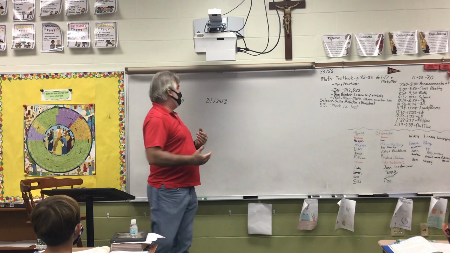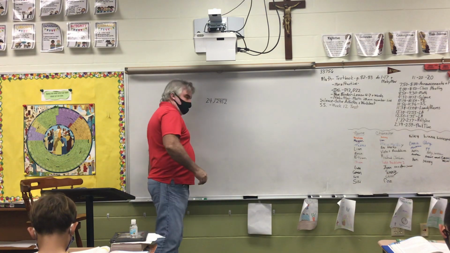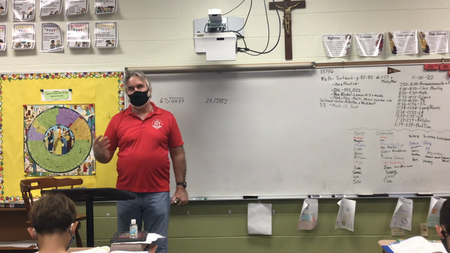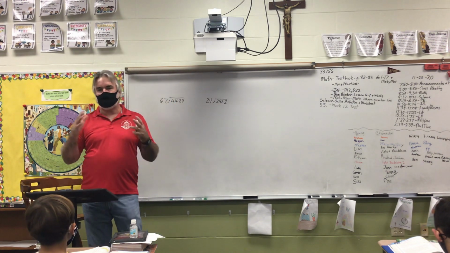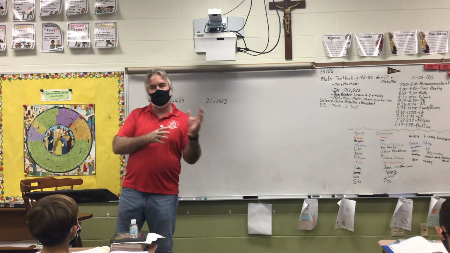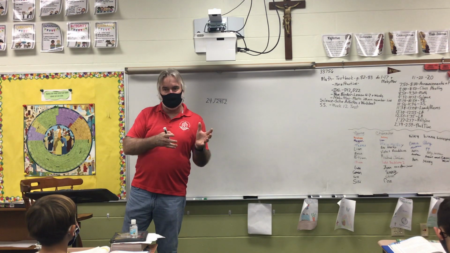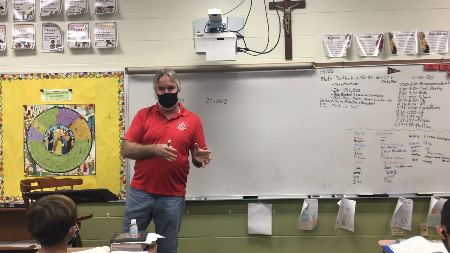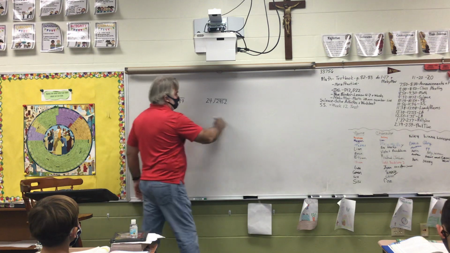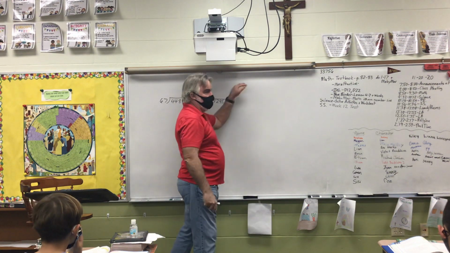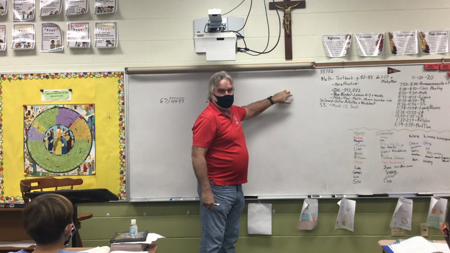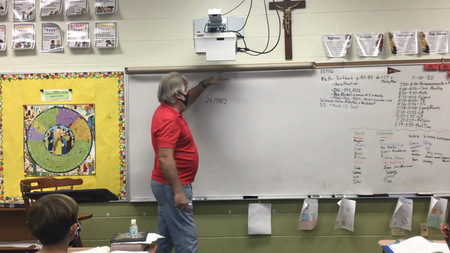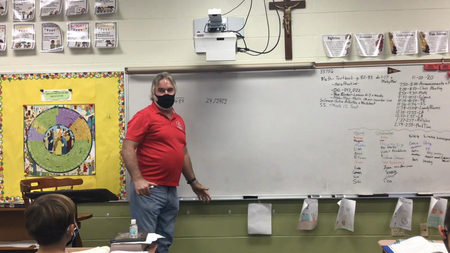Okay. Today we're going to do the same thing, but it's done just a little bit different, and you'll see how it ties into what we just did. Instead of working to the sides where you have the hundreds, the tens and the ones, we're going to work up and we're going to work down.